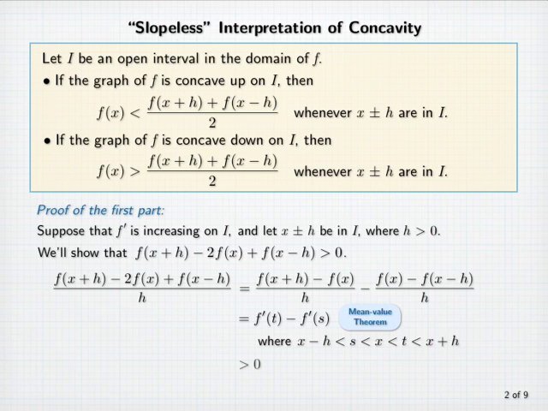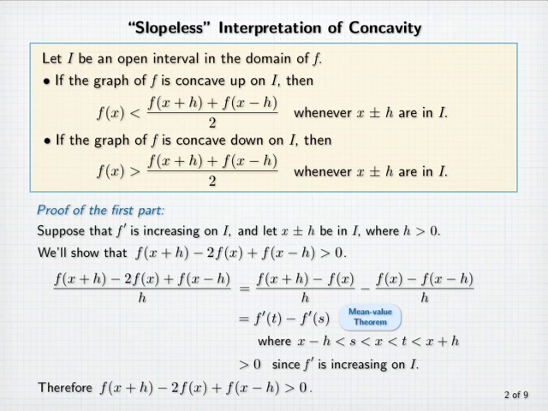This difference is positive because f prime is increasing. Therefore, f of x plus h minus 2 times f of x plus f of x minus h is greater than 0. The analogous statement about downward concavity may be proved by simply reversing inequalities.